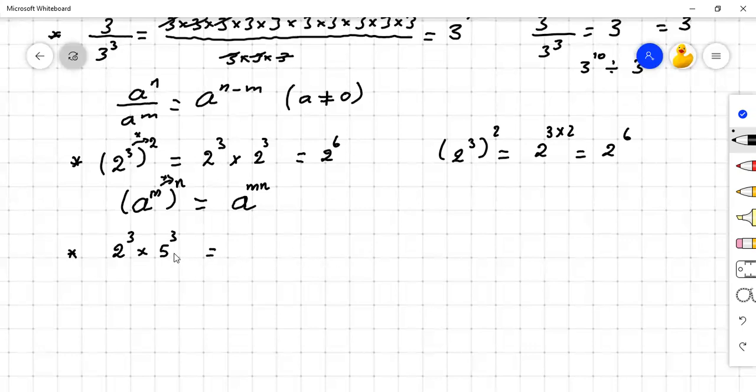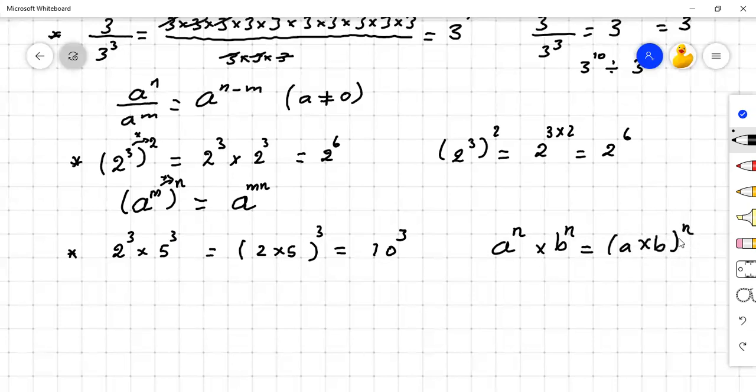So directly, we can write 2 times 5 exponent 3, which is equal to 10 exponent 3. So if we have 2 powers with the same exponent, we can multiply the bases together. And the formula is a power n times b power n is the same as a times b power n.